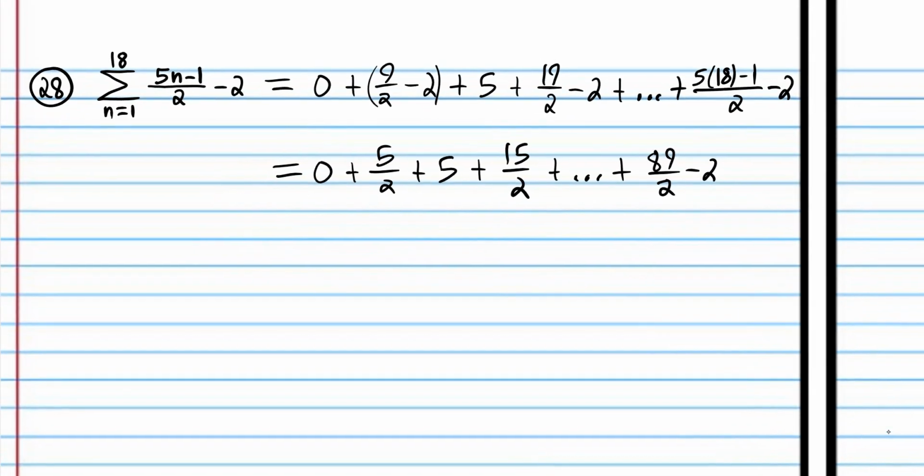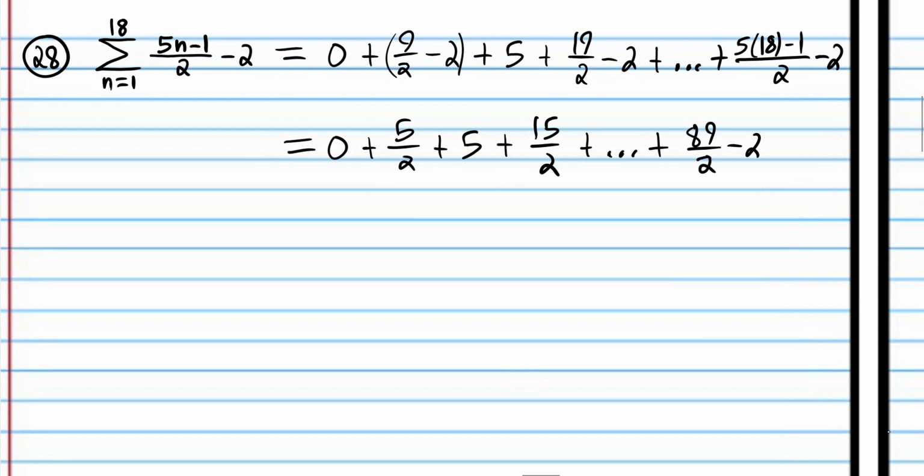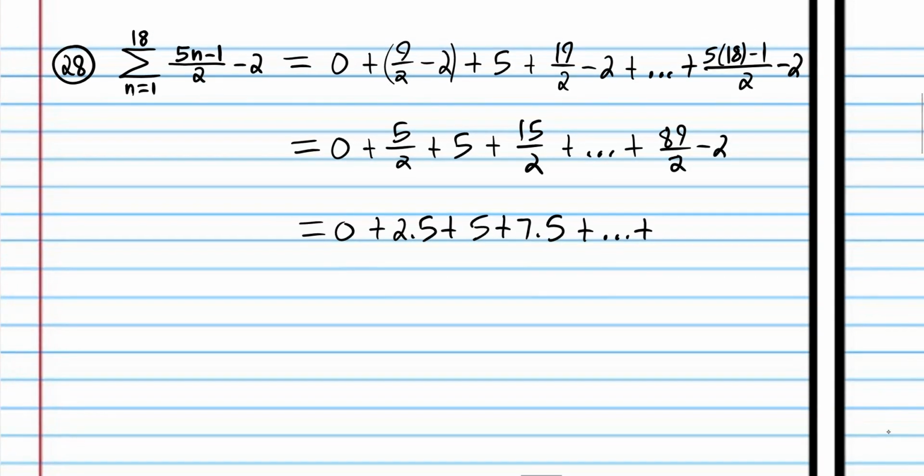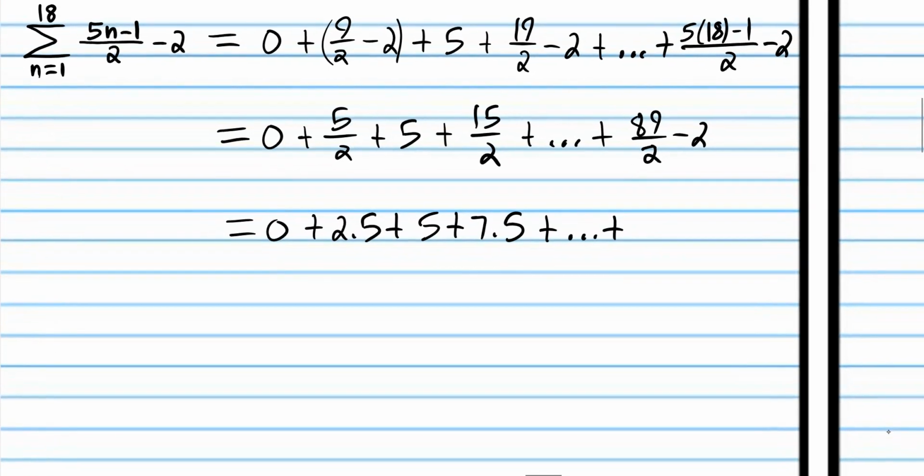So it looks like we're adding 2.5 each time. We can see if we change to a decimal. 2.5 plus 2.5 is 5, plus 2.5 is 7.5, and so on and so forth. And the last term would be 43.5.